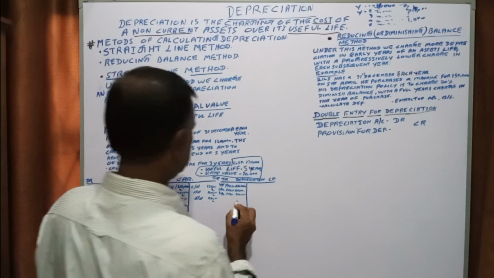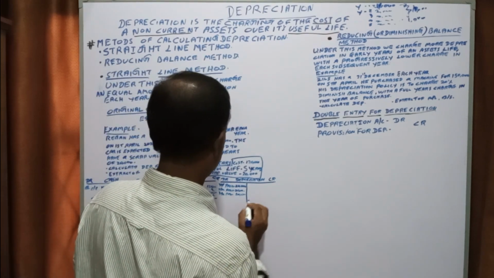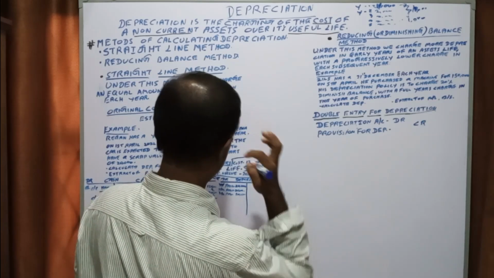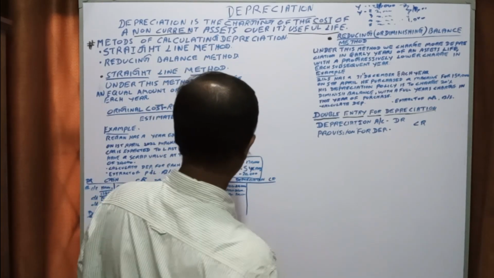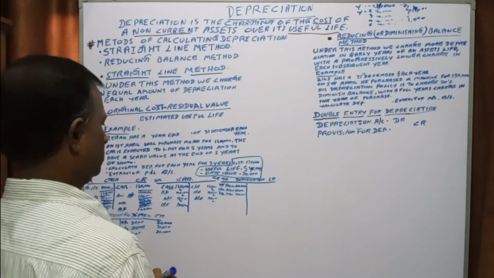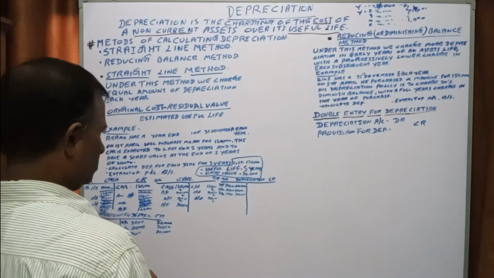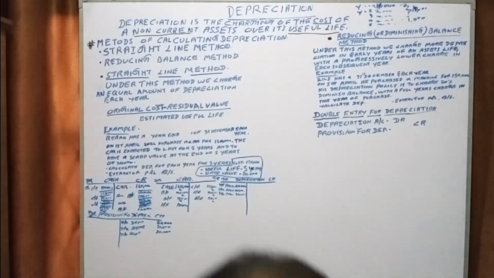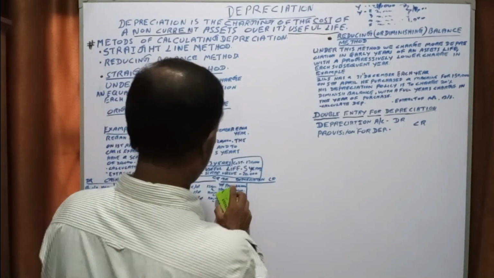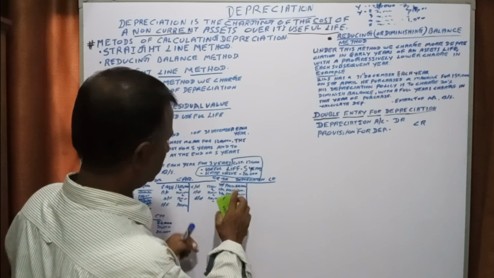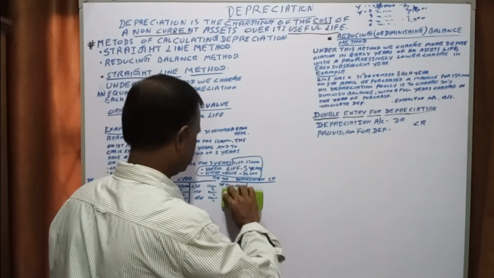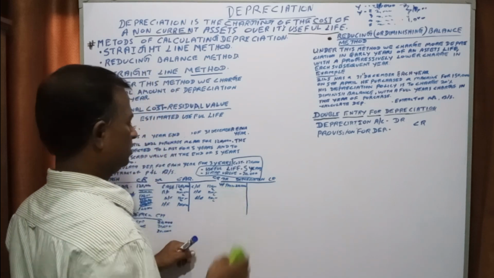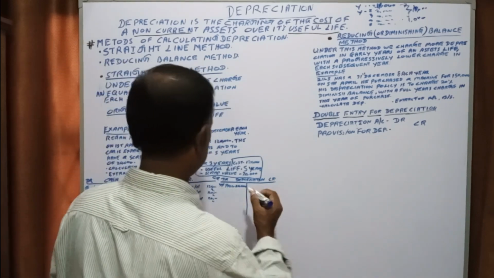Now here depreciation. We have to bring it down. Okay. Nothing else, because for balancing there is no space.